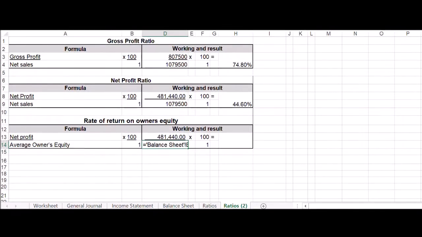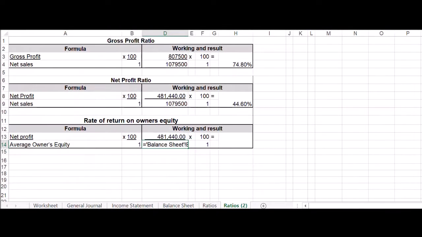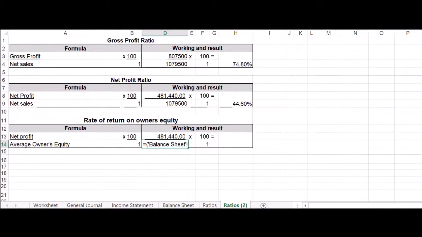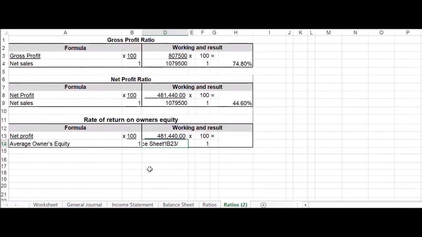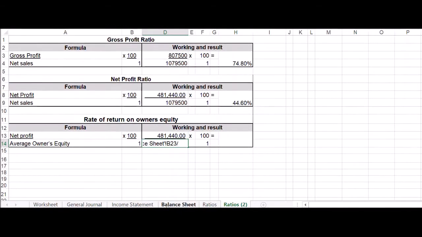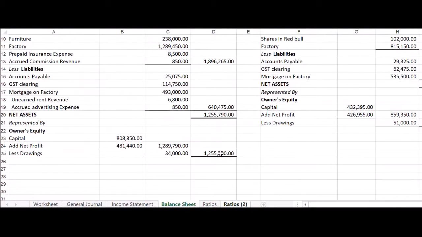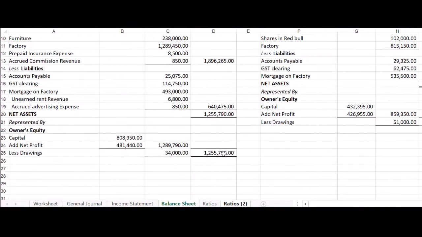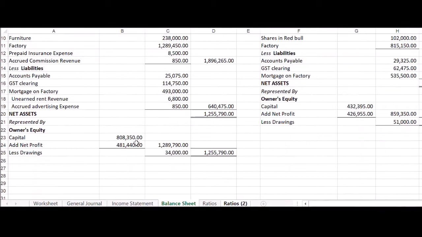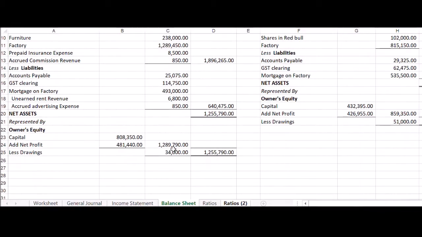Okay, oops, go back up to my formulas. And I'm going to add that to the final figure at the end of that financial year, after I've added my net profit and taken off my drawings.